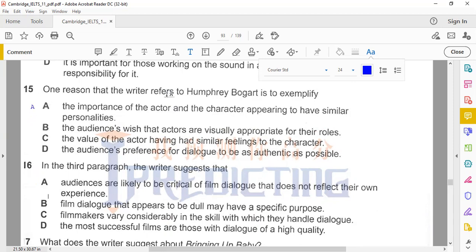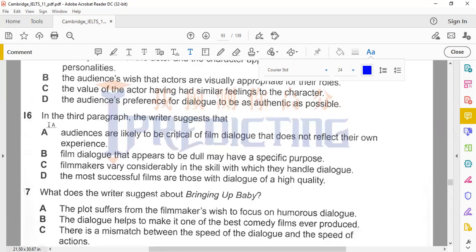one reason that the writer refers to Humphrey Bogart is to exemplify the importance of the actor and the character appearing to have similar personalities. So the answer to this statement is A, matching statement.